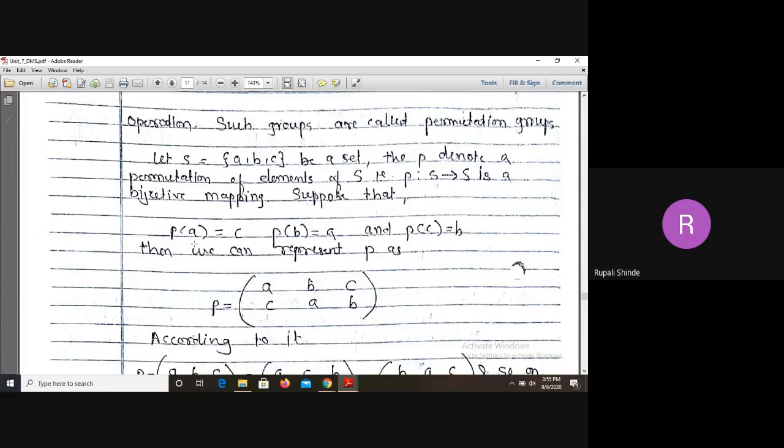That permutation is denoted here as P of A is equal to C, P of B is equal to A, and P of C is equal to B.